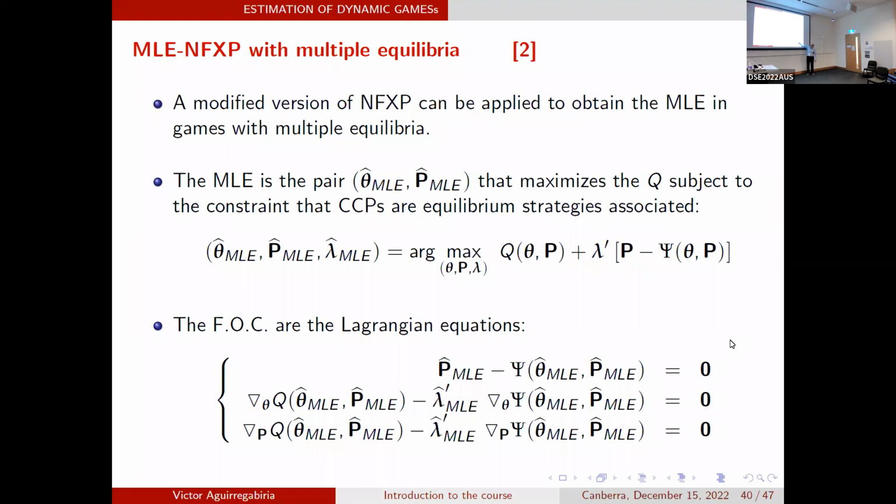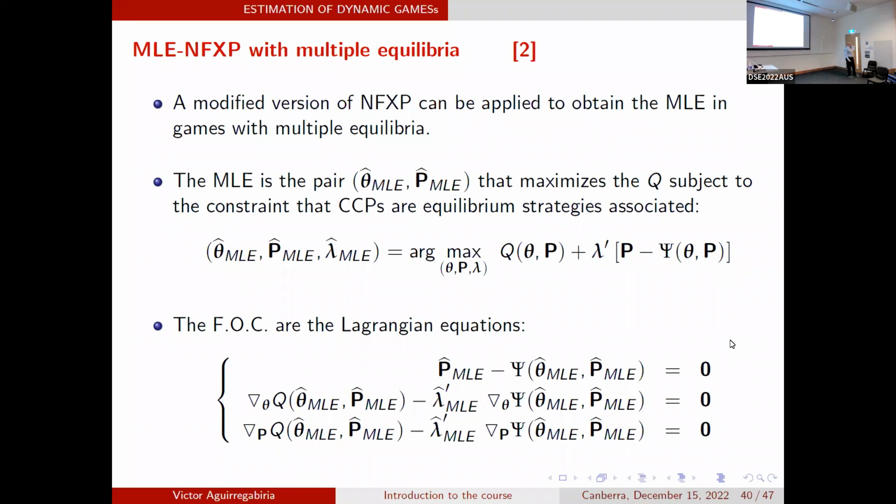We have these conditions that define the maximum likelihood estimator. You start with some P and some theta and some lambda. You iterate in this procedure to find a root of these equations. Because the model has multiplicity of equilibria, it could be more likely that there are multiple roots of these likelihood equations.